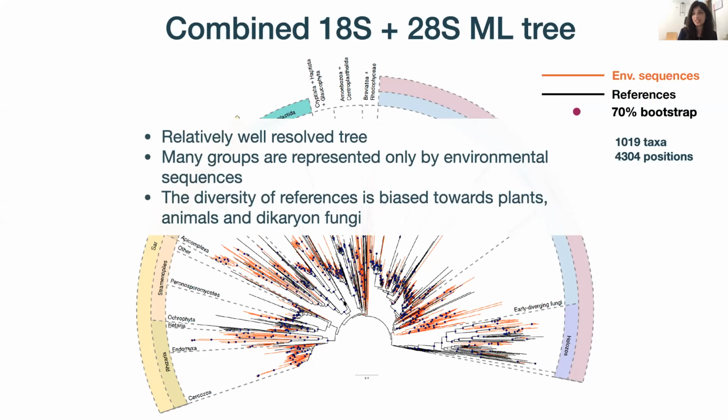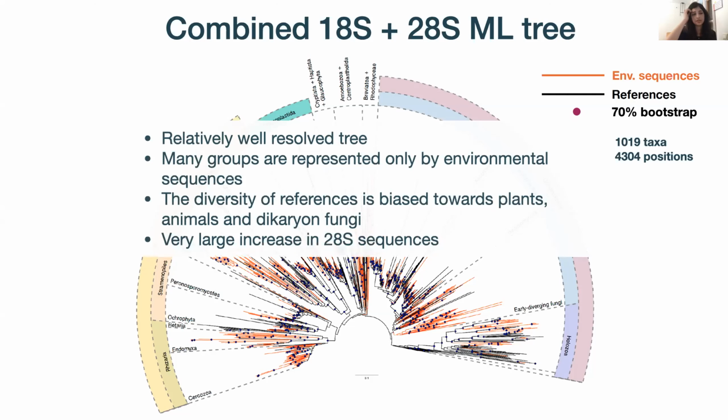We can compare this to the Metazoa, which contain a lot more black branches or a lot more references. And this just goes to show how biased and how poor our databases are, especially the 28S database. It also shows how powerful our method can be for improving our databases.